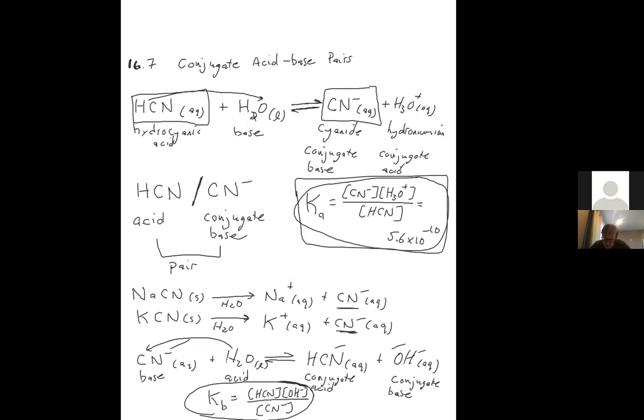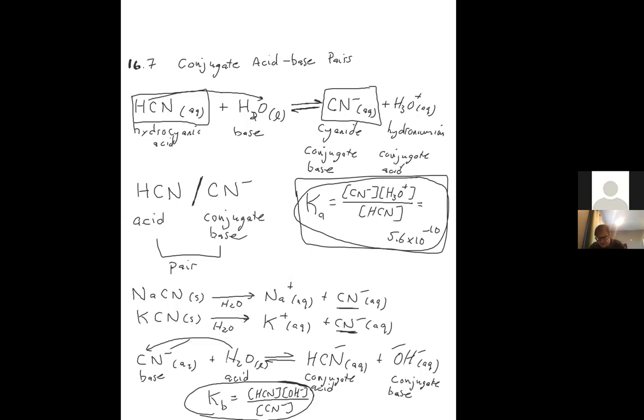The difference is the positions, whether they're in the numerator or the denominator. And there's another difference, which is that for Kb, we have the hydroxide concentration, whereas for Ka, we have the hydronium concentration. So in a sense, there's two differences here: the position of the cyanide to hydrocyanic acid, and whether it's hydroxide or hydronium.